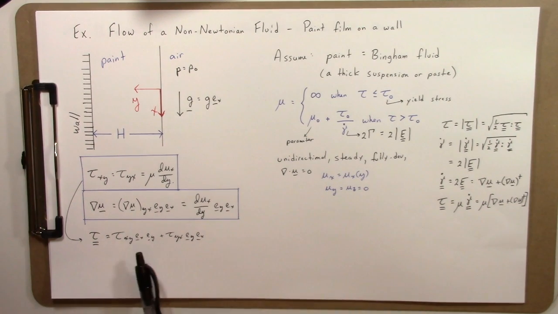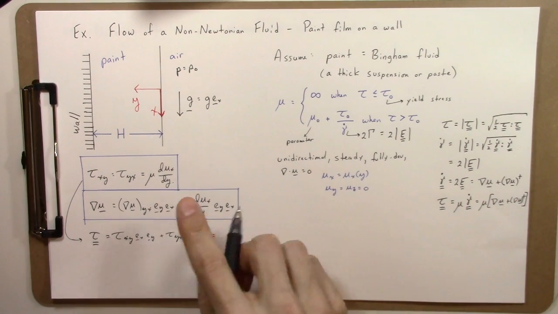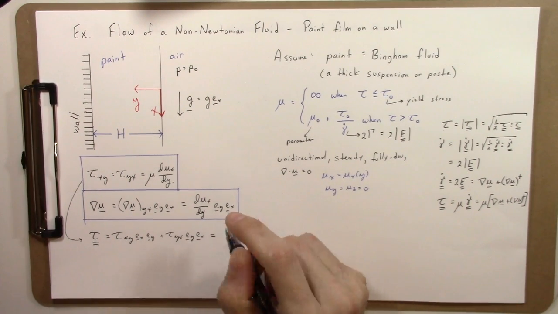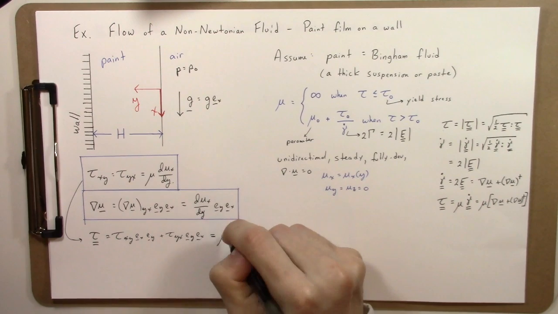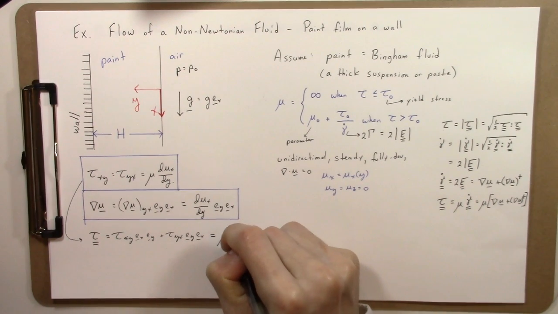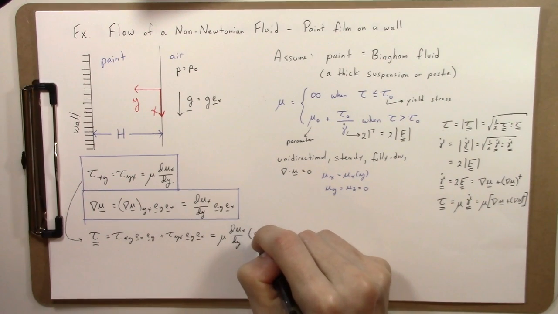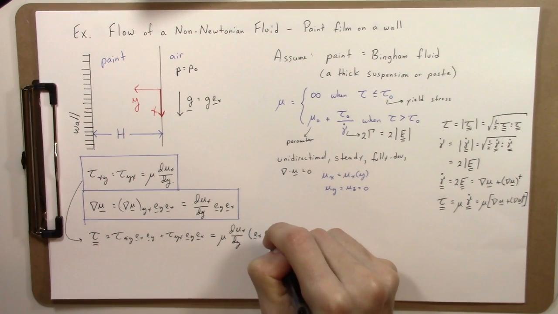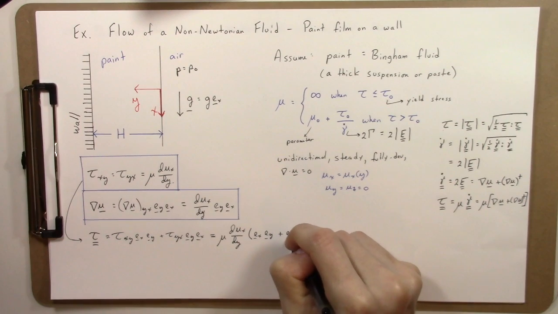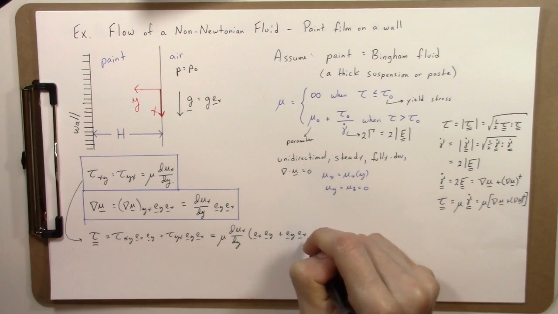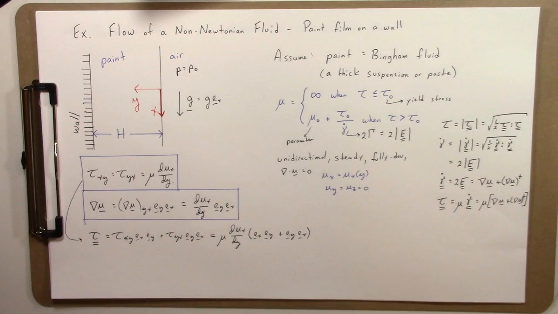We keep the unit vectors in the same order as the subscripts of the components of the stress tensor. And so based on the result here, the viscous stress tensor tau is equal to mu dux dy multiplied by ex ey plus ey ex.